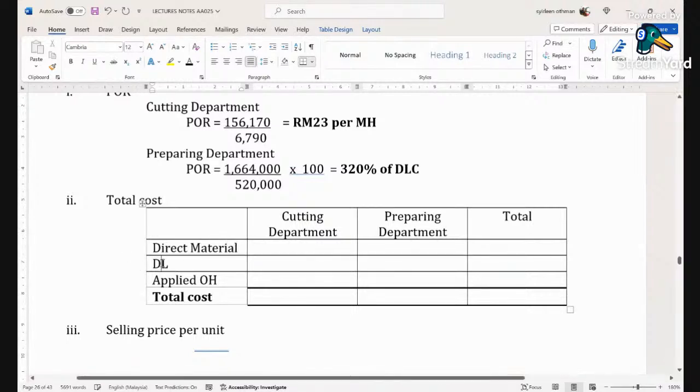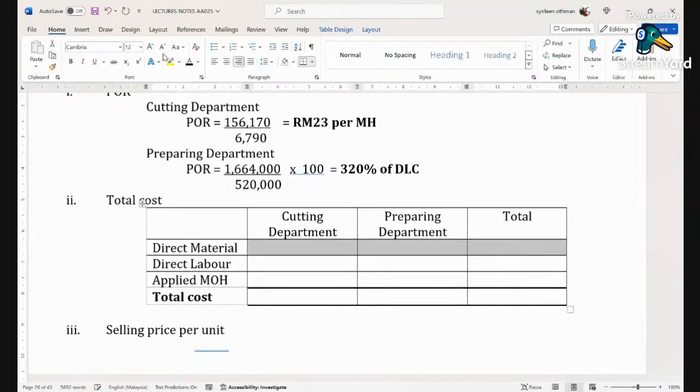So, bila tidak ada work in process, so kita akan list down only direct labor. Okay. Direct material. And then direct labor. And also apply MOH. Okay. Tapi kalau dalam soalan ada beginning WIP, so you are going to put the beginning WIP inside the table as well. Okay. So yang ni just ambil saja nilai daripada table.